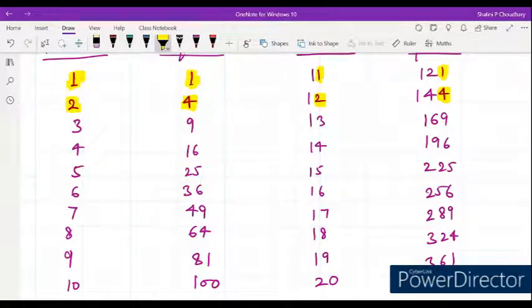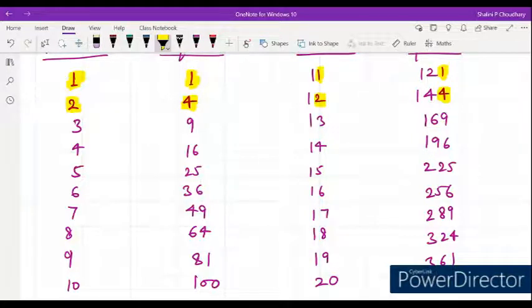At the ones place of the square of 22 we'll get 4. The same for 32, 42, 52, 62, 72, 82, 92: any number ending with 2 at the ones place, the ones place of its square will be 4. Now similarly you can take any number.